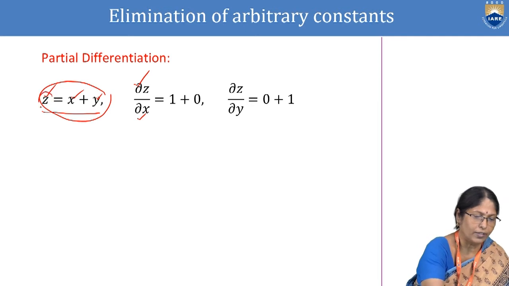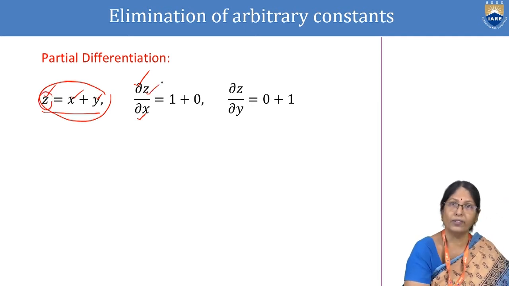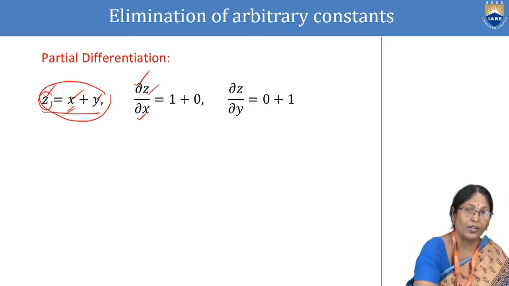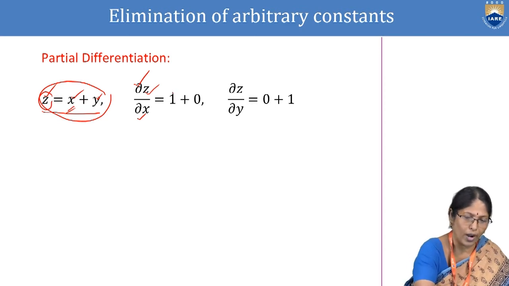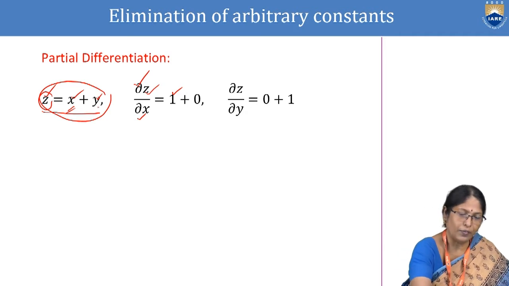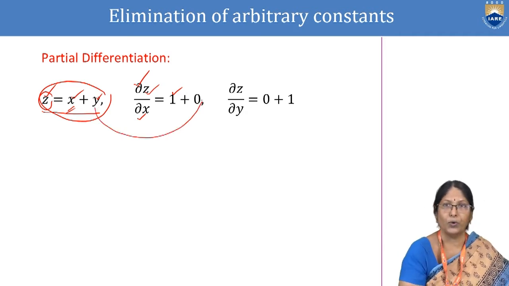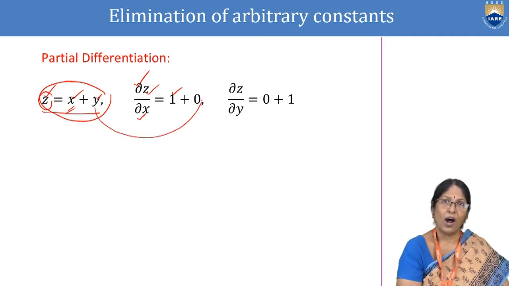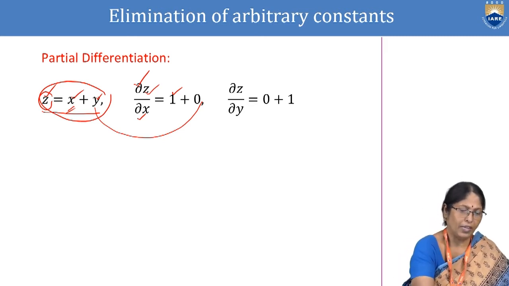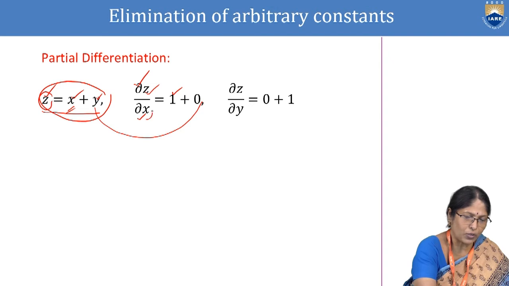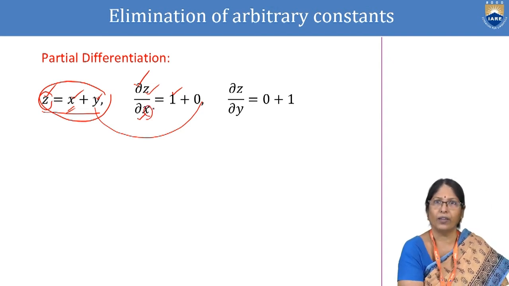So here, differentiating x gives 1, and y differentiation has become 0, because partial differentiation means we are differentiating with respect to x only.